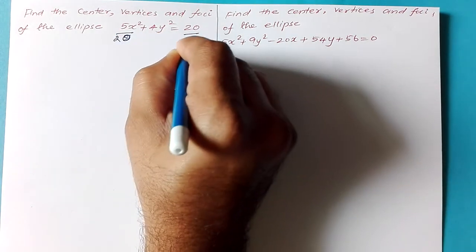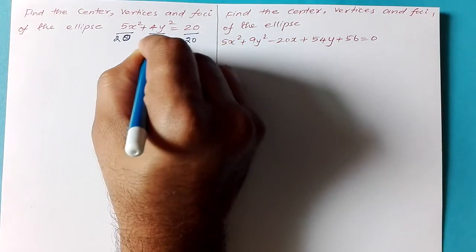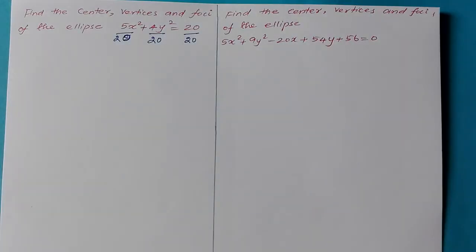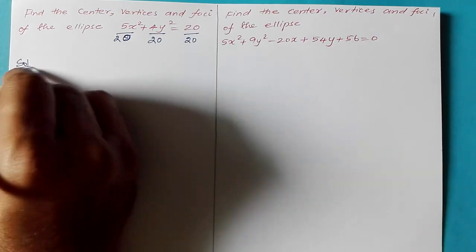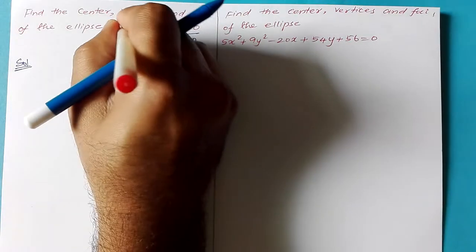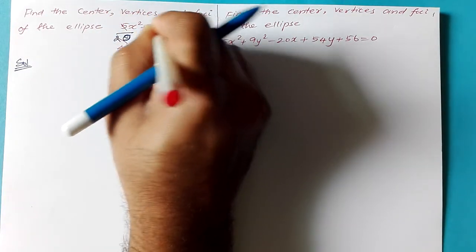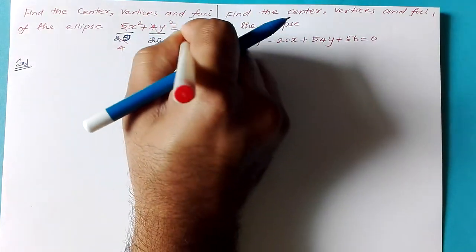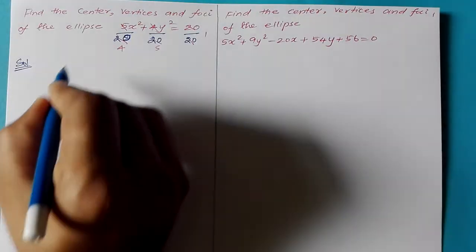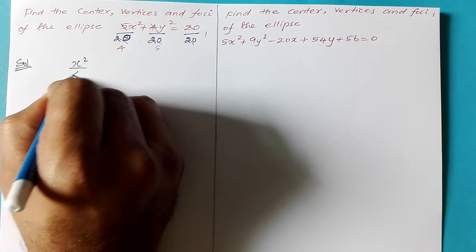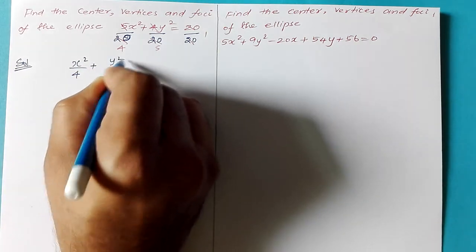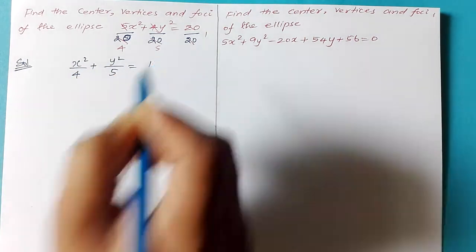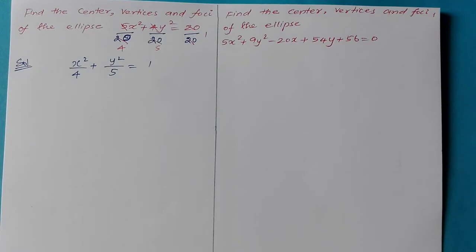Whatever be the number present here, divide by the number. What happened here? This cancels 4 times, this cancels 5 times, this cancels, you will get 1. Now the standard type: x square over 4 plus y square over 5 is equal to 1. Now it is in the standard form.